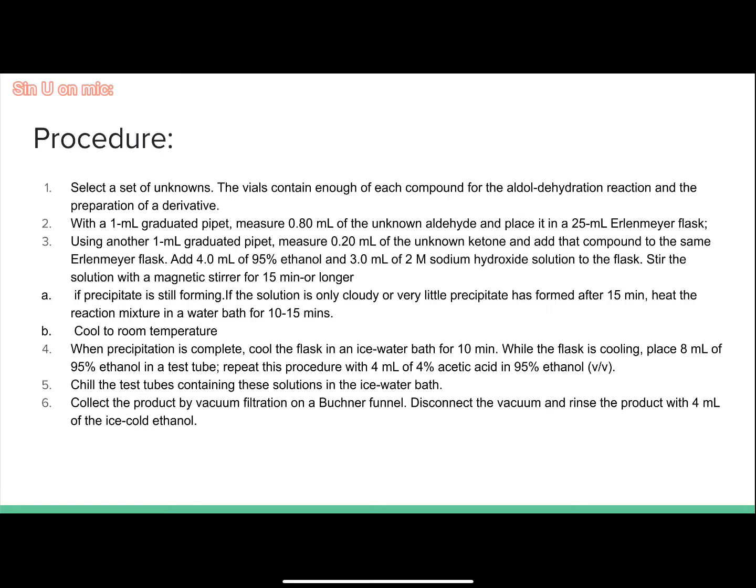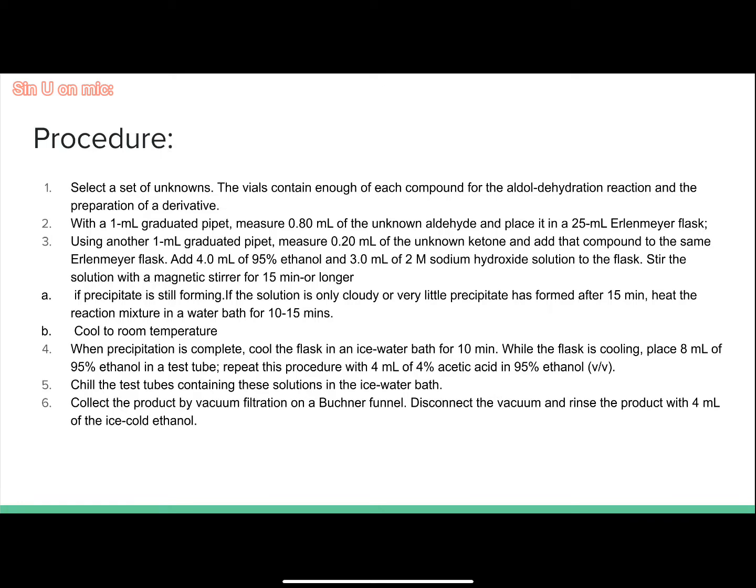While the flask is cooling, place 8 ml of 95% ethanol in a test tube. Repeat this procedure with 4 ml of 4% acetic acid in 95% ethanol. Chill the test tubes containing these solutions in the ice water bath.